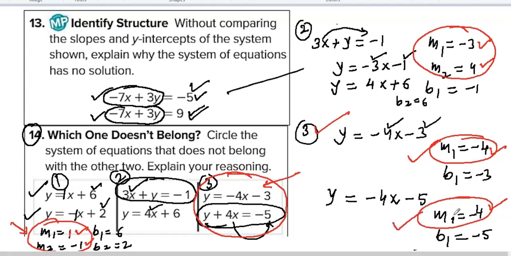So this is how we do question number 14. This question is done now.